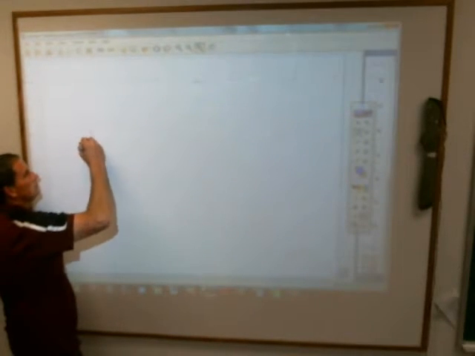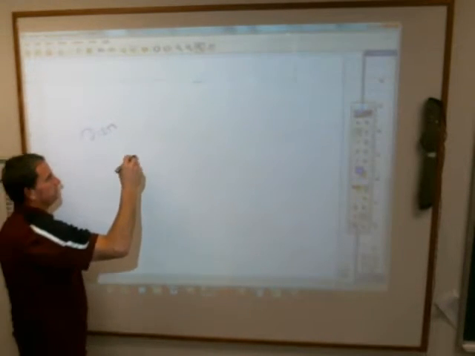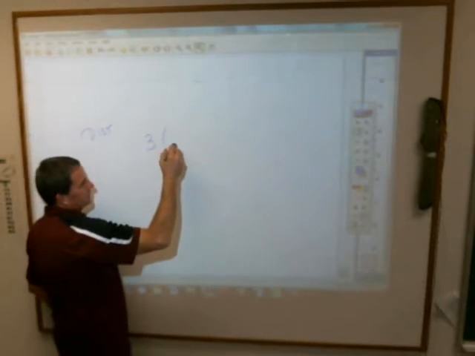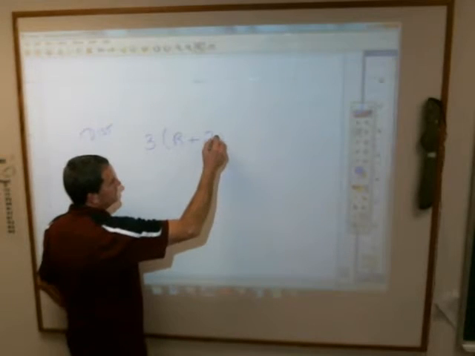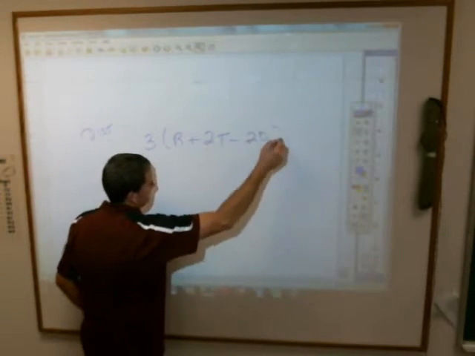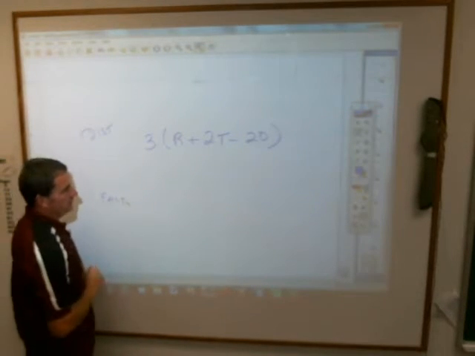I will try to distribute this: 3 times r plus 2t minus 20. And then factor this. By the way, you can factor more than one thing too.